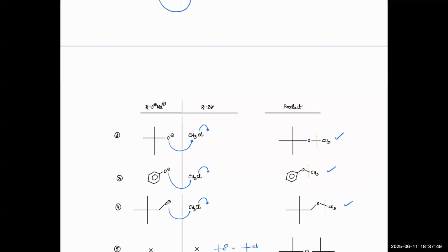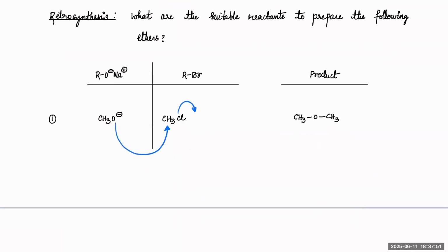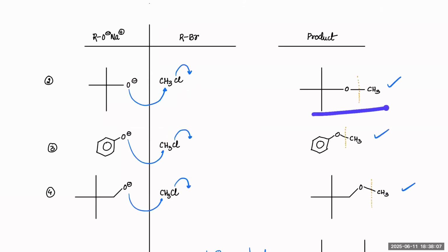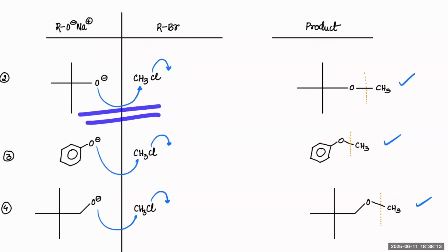This is called retrosynthesis. That means if you already know the product, you have to guess what could have been the reactants. Got it? So if this is a product, what could have been the reactants? Obviously, these two should have been the reactants. Correct? Suppose you write it this way, that is CH3O minus attacking on alkyl chloride.